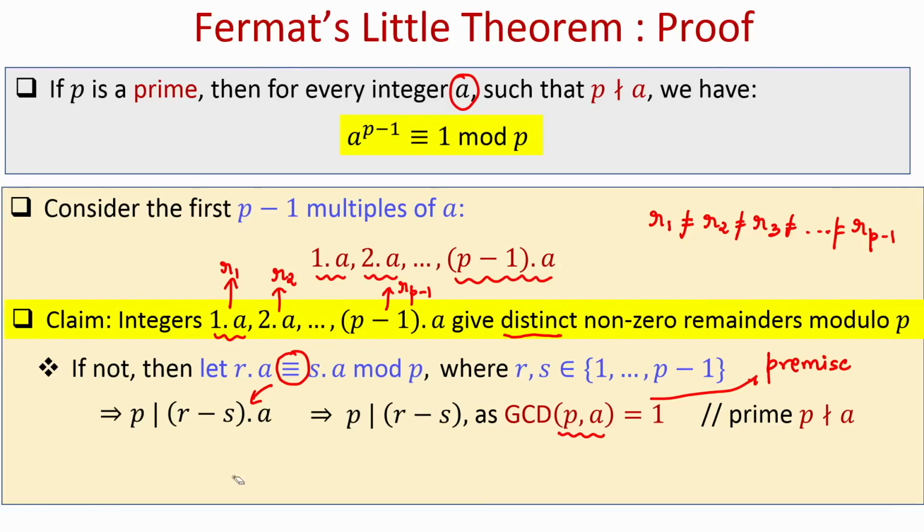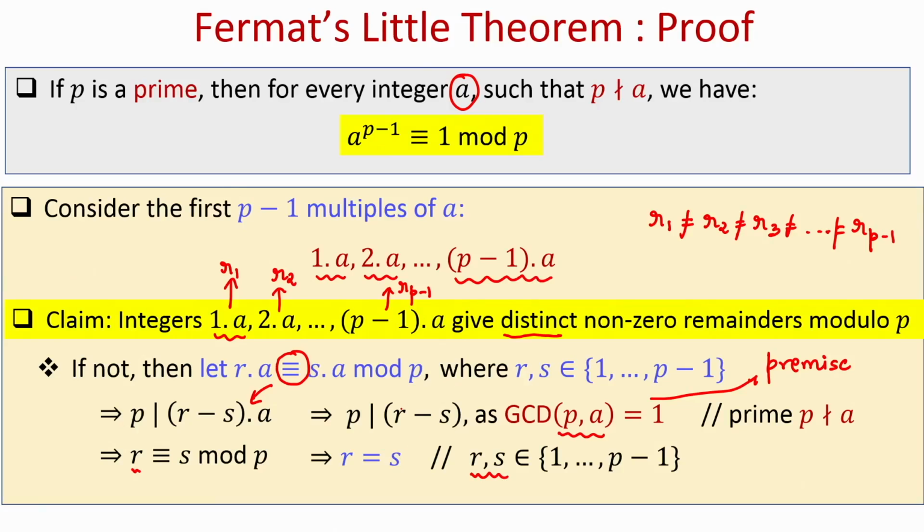So, we get the conclusion that P has to divide R minus S, or in other words R and S are congruent modulo P. But if R and S are congruent modulo P, and since both R and S are strictly less than P, then the only way it is possible that R is congruent to S modulo P is that R is exactly equal to S, right.